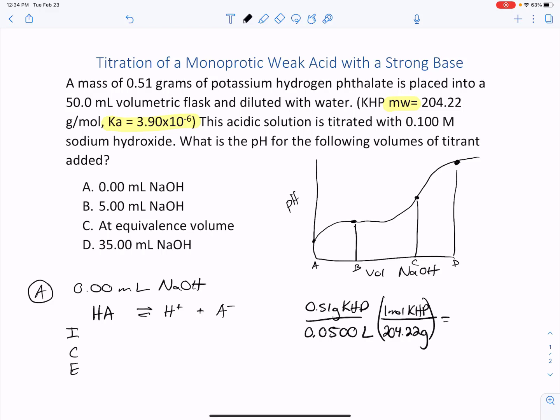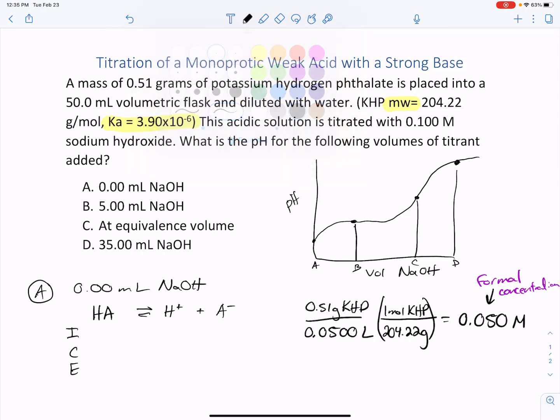This will allow me to convert this to molarity. And so I get a formal concentration of 0.050 molar. I call that the formal concentration. Formal concentration is just another way of saying what concentration you were given in the problem. All right, so that's my formal concentration.